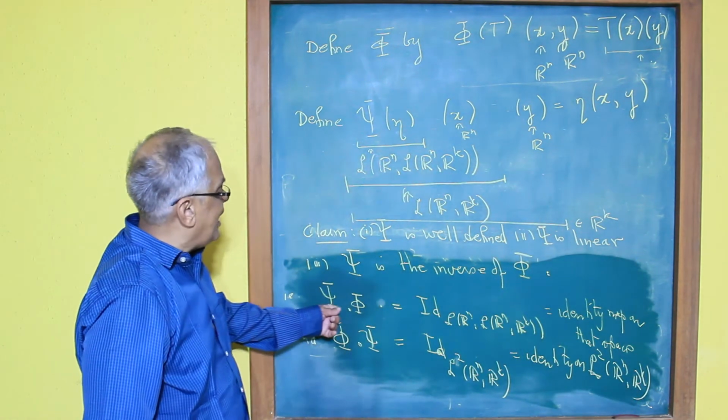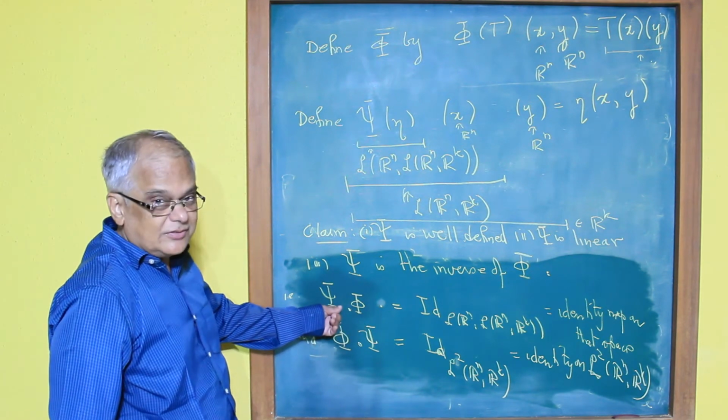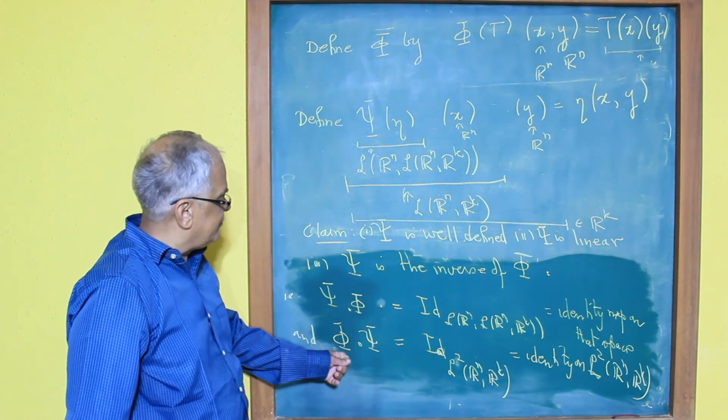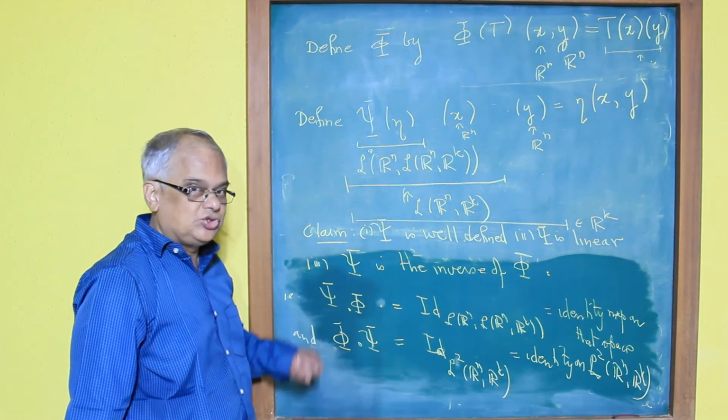This says that psi is the left inverse of phi. It also says that phi is the right inverse of psi. So phi is the left inverse of psi and psi is the right inverse of phi. So I have to show both these things.